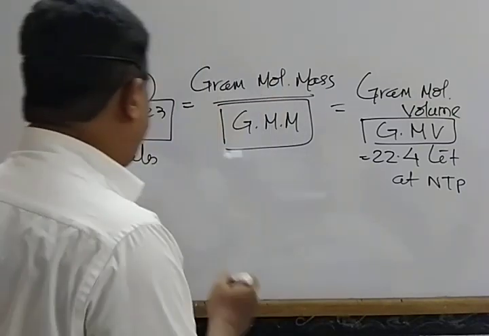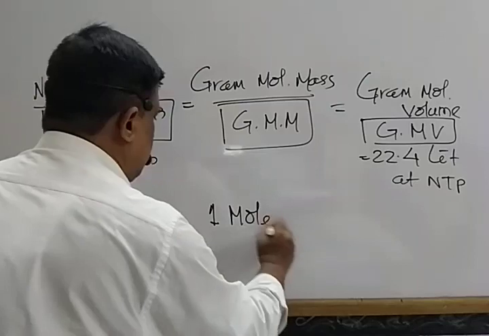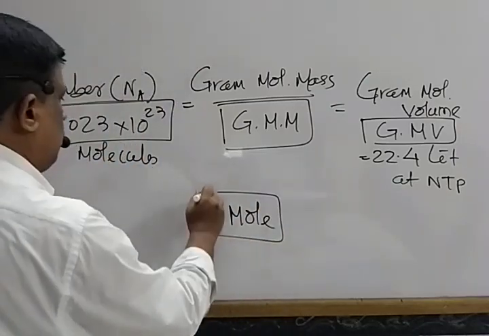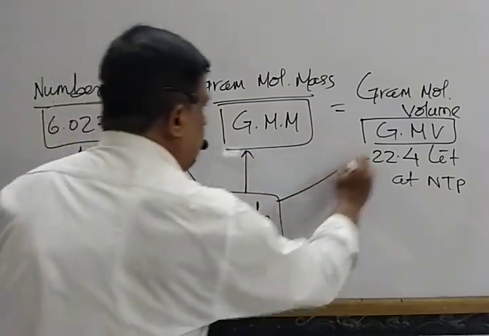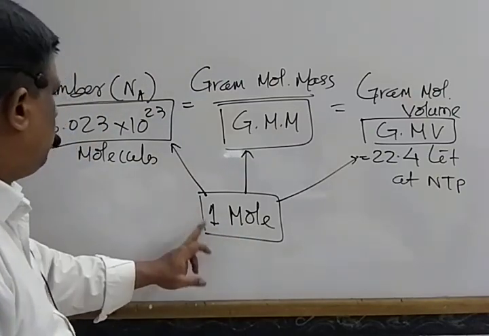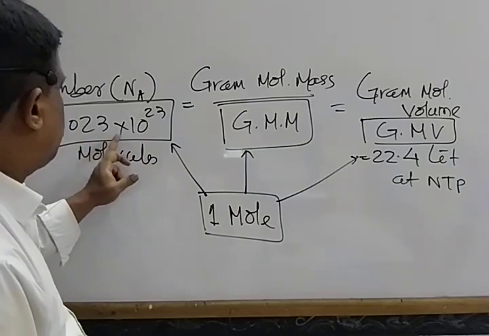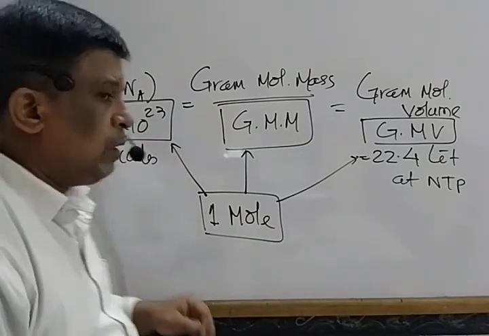So if we compare, this one is known as 1 mole. This one is known as 1 mole. Mark that. If we compare, that means 1 mole of a molecule is equivalent to 6.023 into 10 to the power 23 molecules.